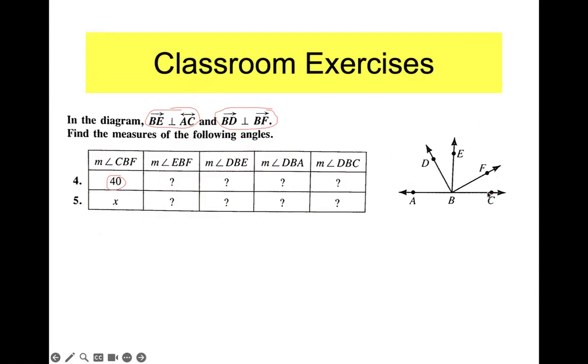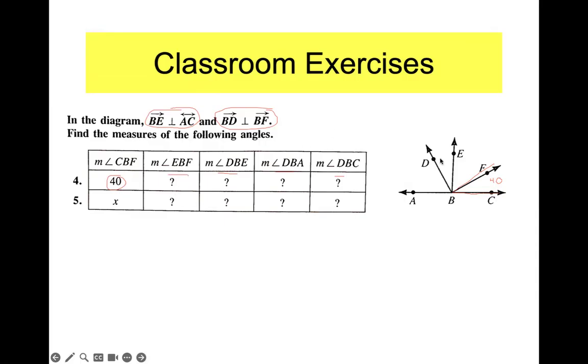So if we trace out CBF, we're told that this is 40. I'm writing with my finger and my mouse, so this is a little bit challenging. Okay, so that's 40. And then you have one, two, three, and four angles that they ask you questions about.